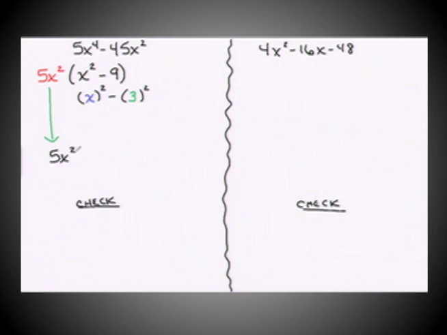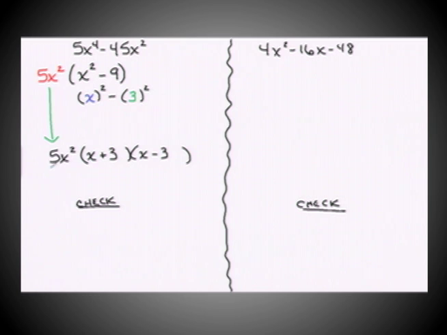And then to factor our difference of squares, x squared minus 9, it fits into a plus b times a minus b, which would be x plus 3 times x minus 3. And it appears we have this completely factored, but we just want to double check and look back through each of our factors.